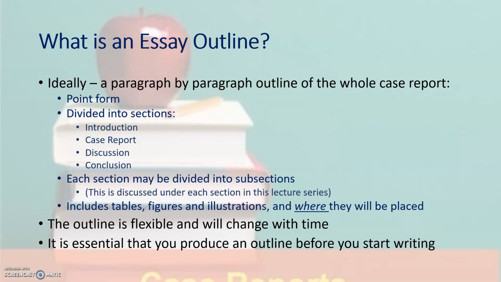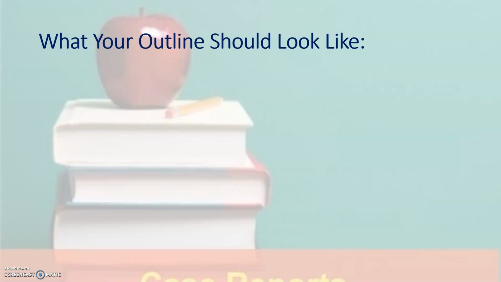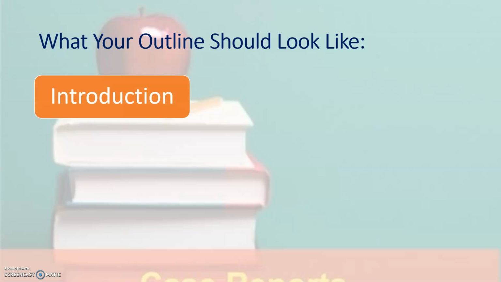So let's look at this in a little bit more detail. Let's think about what your outline would look like. It will have an introduction, and the two things that you want to answer here: what is the case and what is the focus of your discussion?